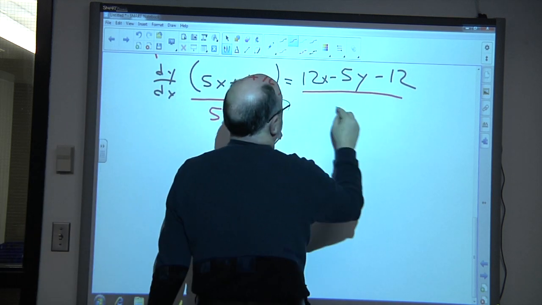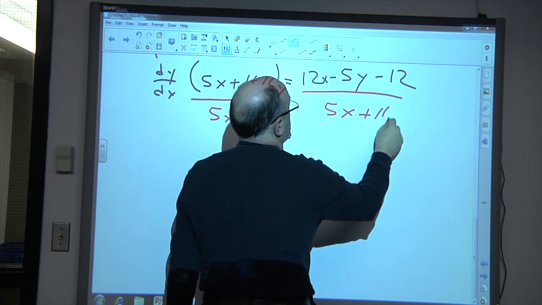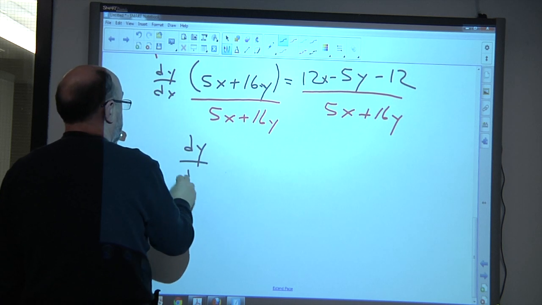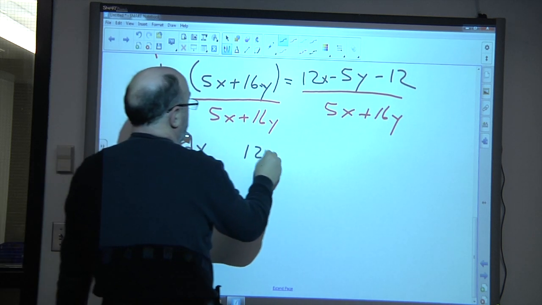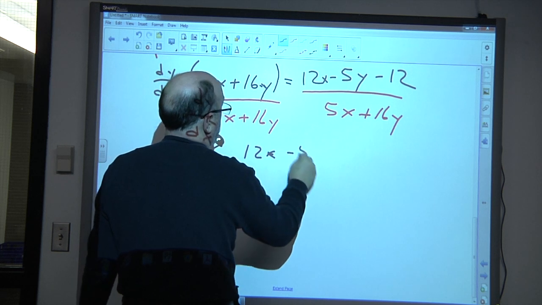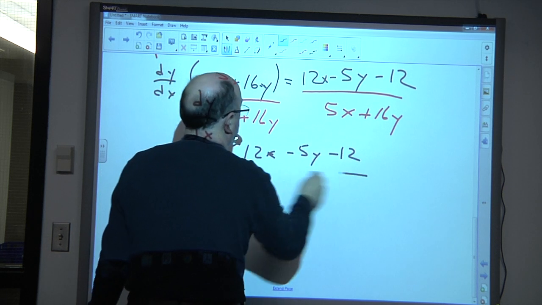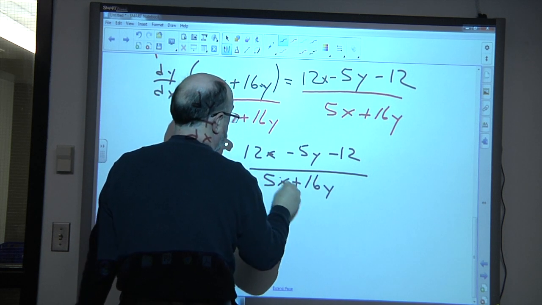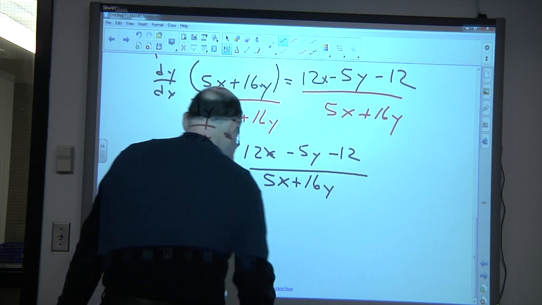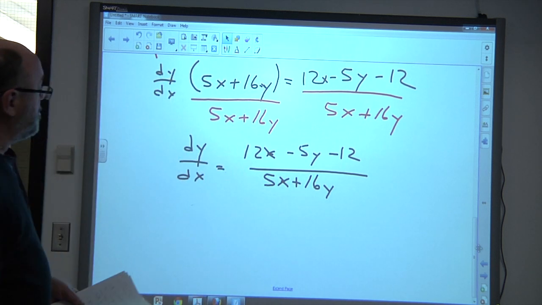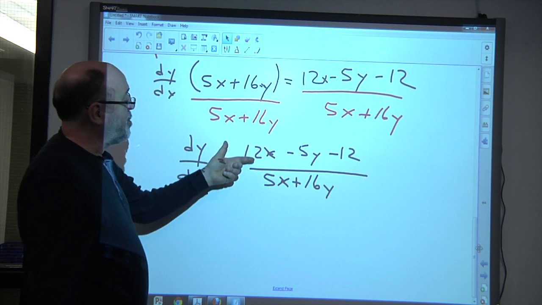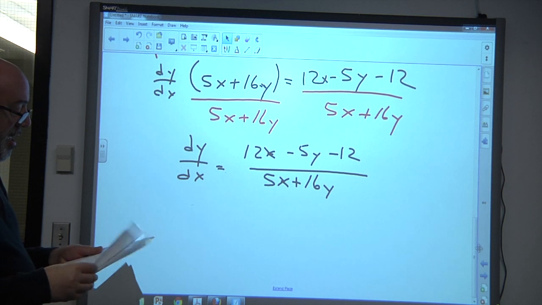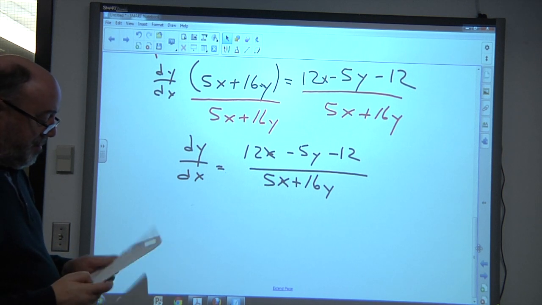We do the same thing over here. And we end up that my derivative, dy dx, is going to be 12x minus 5y minus 12 over 5x plus 16y. And now for one of this type, if I want to know the slope, I actually have to know a particular point in terms of the x and the y value. And then I get the slope at that point. Okay?